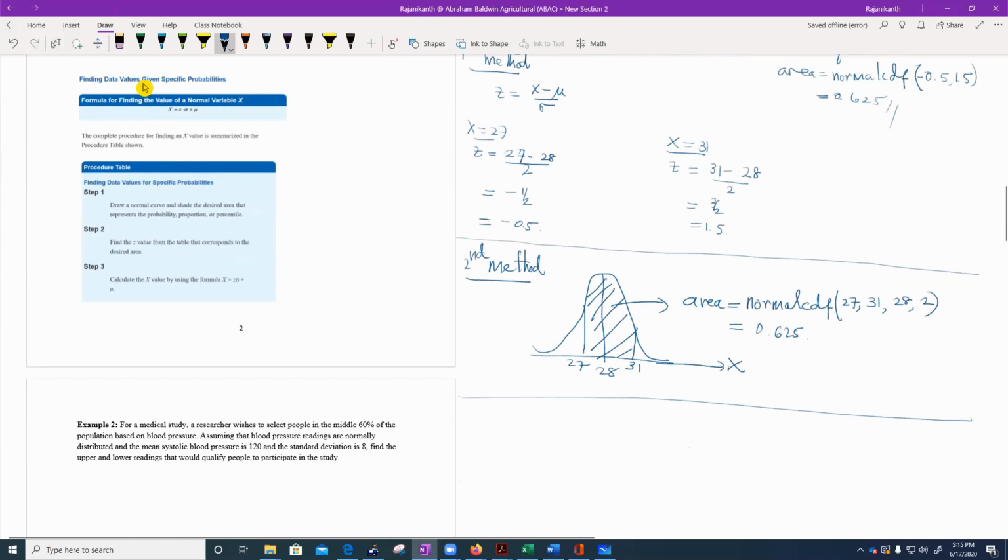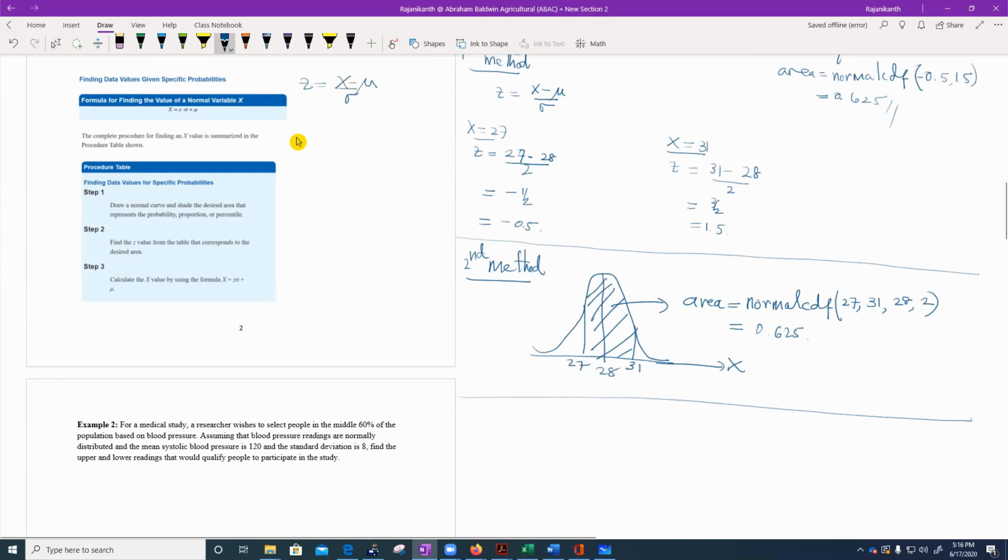Now, finding the data value if you are given the specific z value and the probability. The formula for finding the value of a normal variable x: we already have the relationship that if we know the x value, then we know how to find z. But this is the other way, backwards.